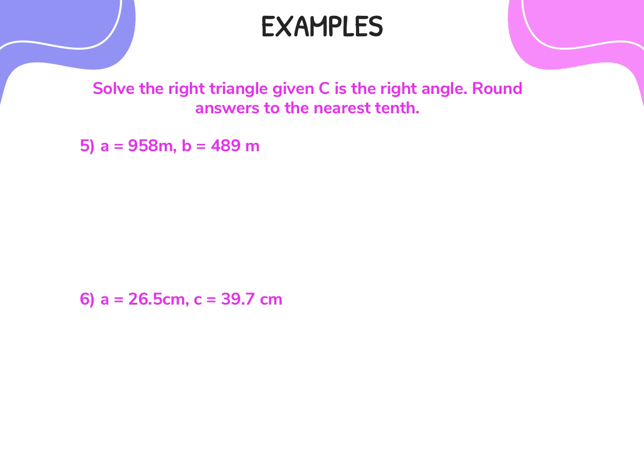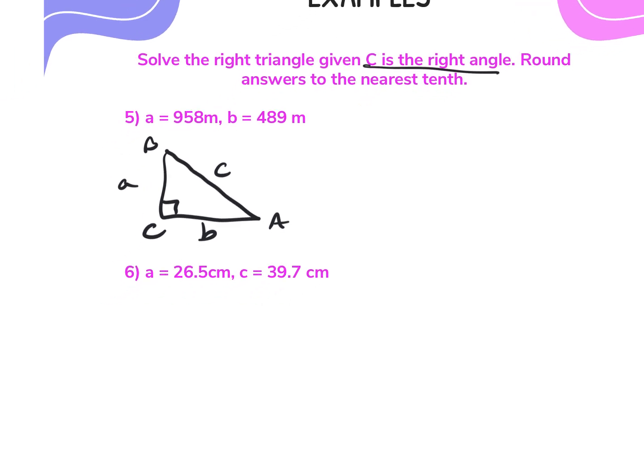Again, no picture provided. Let me go ahead and draw one. Again, it doesn't matter where you put A and B, but C is the right angle. I could put B here, A here, lowercase b, lowercase a, and C. So this time, they're giving me two sides, however, no acute angle.